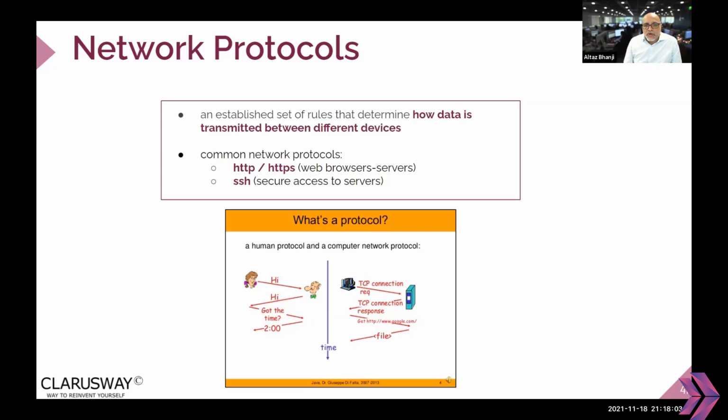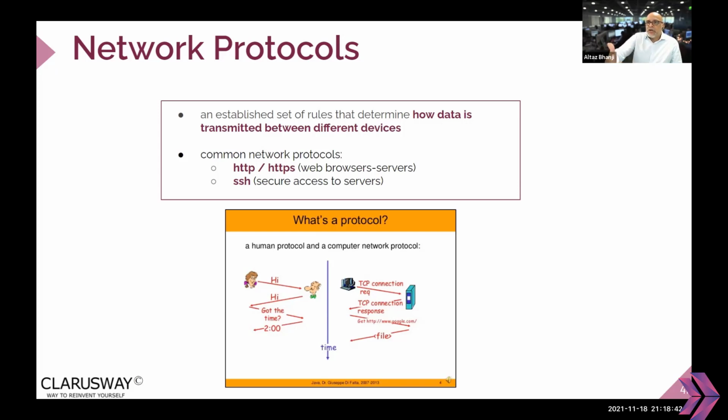Now, some of the common protocols, like one that you use every single day, is HTTP or HTTPS. And that's the protocol that your web browser uses to talk to a web server. If that protocol didn't exist, then you couldn't read a web page. So again, if we go back to how your browser works, it does the DNS lookup, gets the IP address, connects to the IP address of the server, then based on that protocol, they start exchanging information.